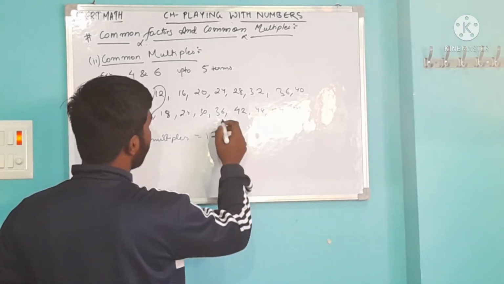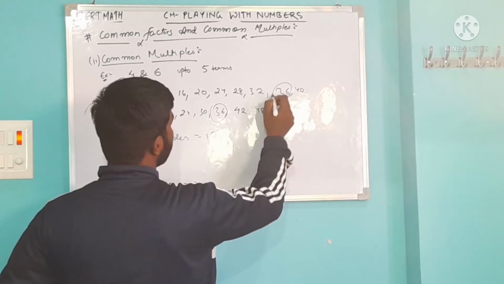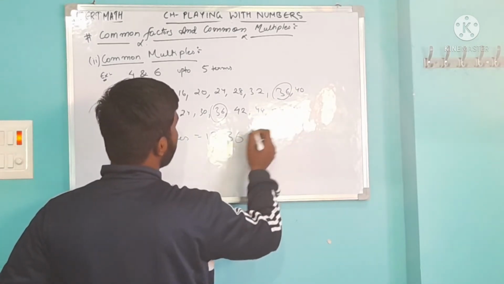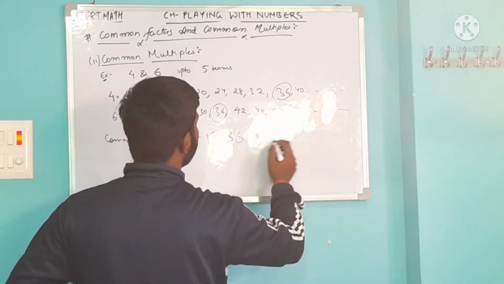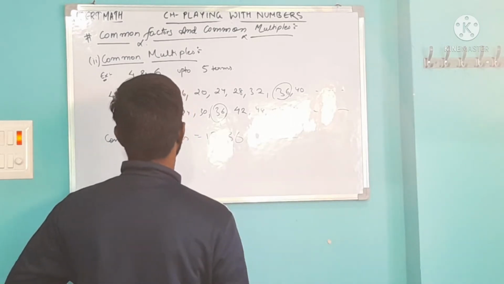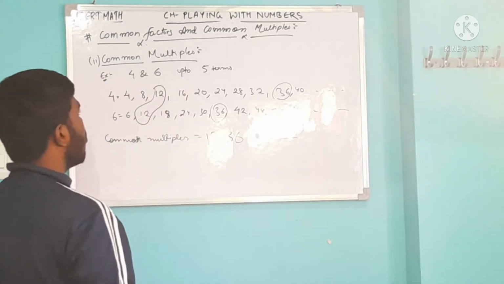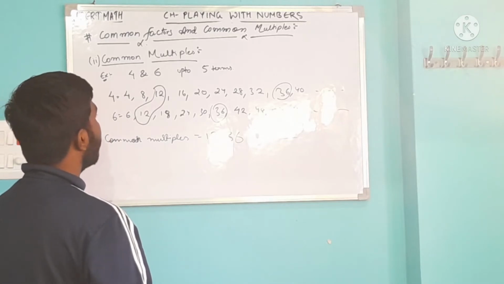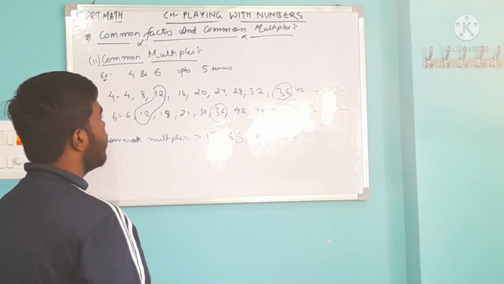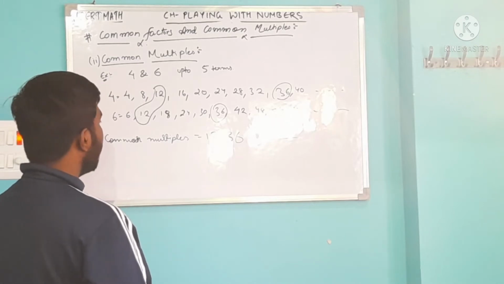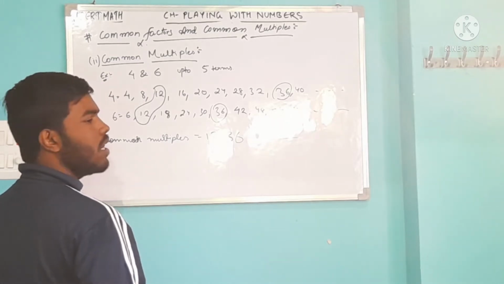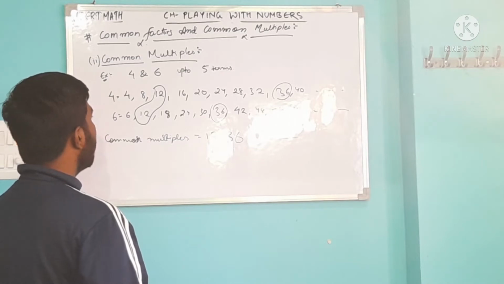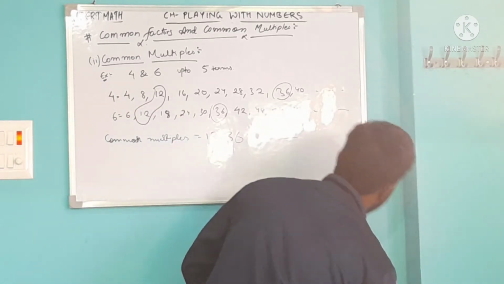Again by finding, we get 36 as our second, and so on, there are many more occurring. So in common multiples, we first find the multiples of the given numbers up to some terms, and then we find the common multiples which lie in both lists.